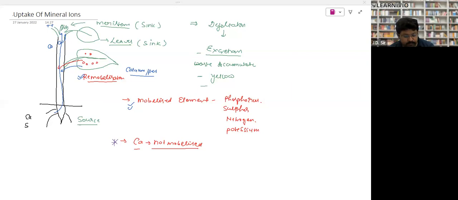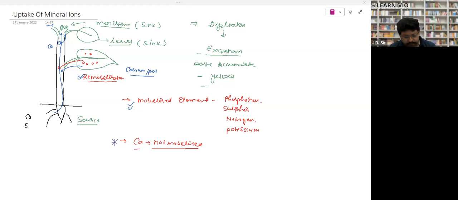Full stop. All minerals cannot be absorbed passively. Full stop.